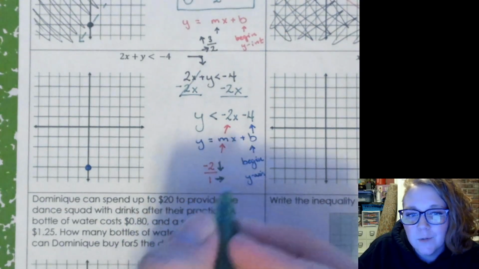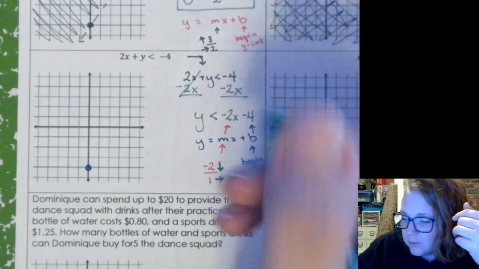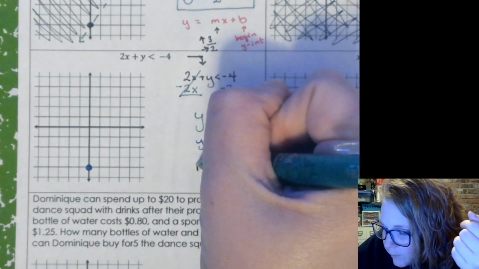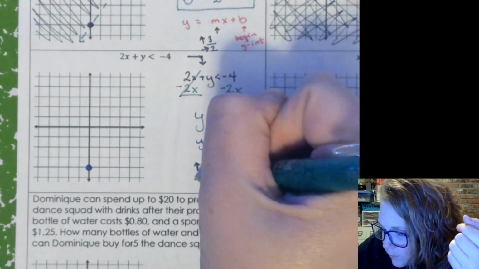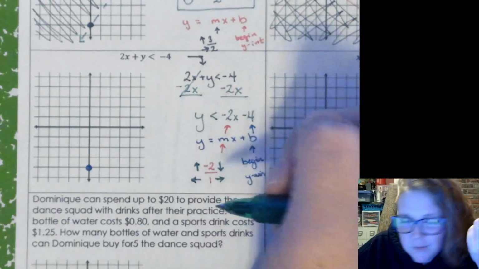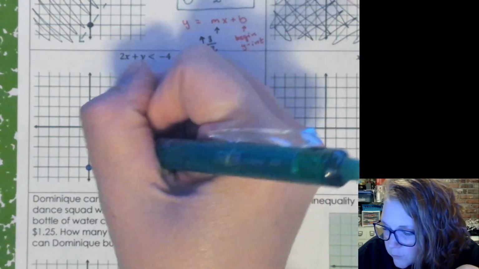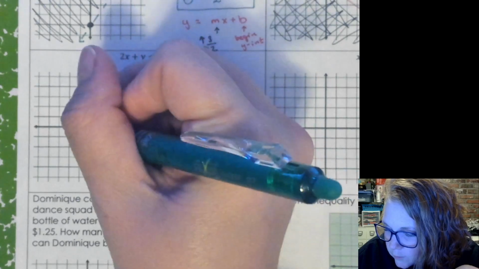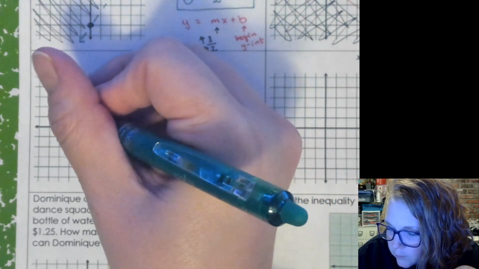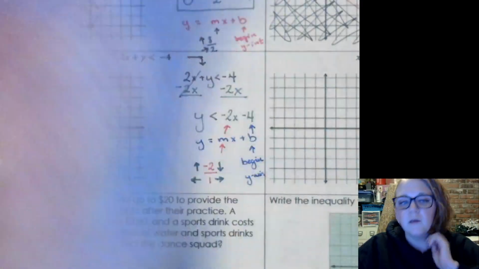We go the opposite way. So instead of going down 2, right 1, we're going to go up 2, left 1. See? Still works. No worries. Up 2, left 1, up 2, left 1. All right, there you go.